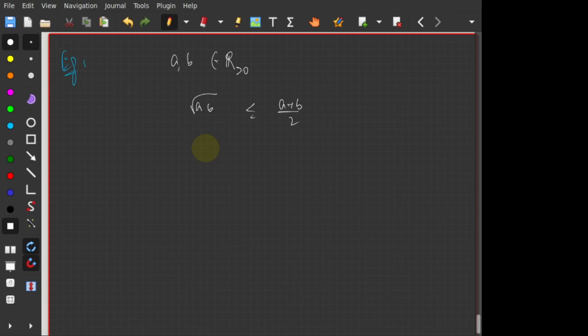Let me take log on both sides. Saying this is the same as saying half log AB is less than or equal to log of A plus B by 2.